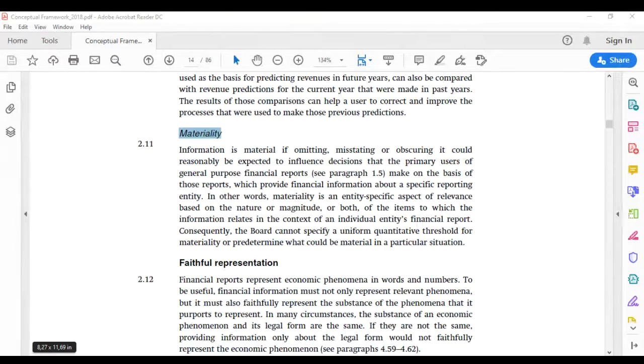An item is material if its omission or misstatement will influence the economic decisions made by the users of the financial statements, in our case, of that financial information provided. Sorry, I just needed to point that out.